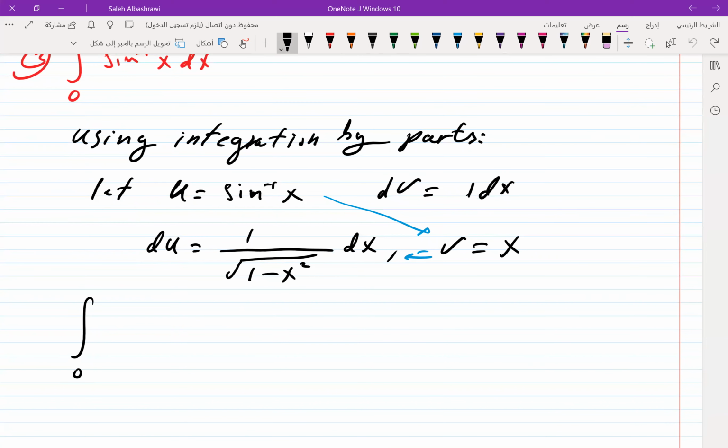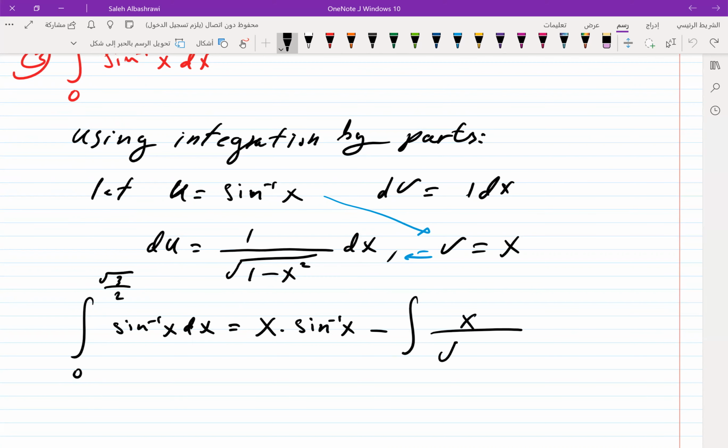So the integration from 0 to square root of 3 divided by 2 of sine inverse x will be x multiplied by sine inverse x, which is u times v, minus integration of x times du, which is 1 over square root of 1 minus x squared dx.